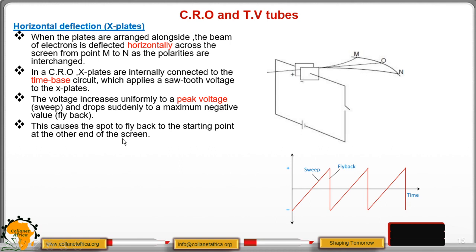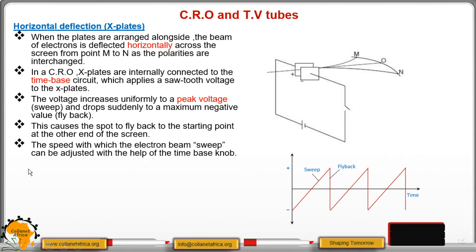So it implies that when the time base is on, it causes the spot to fly back to the starting point at the head of the screen. So it will move to the peak, then it flies back.